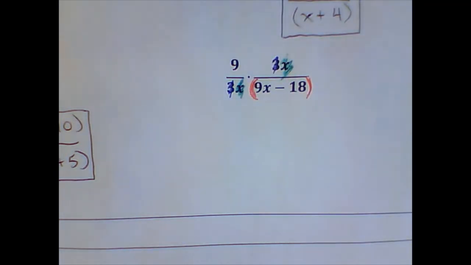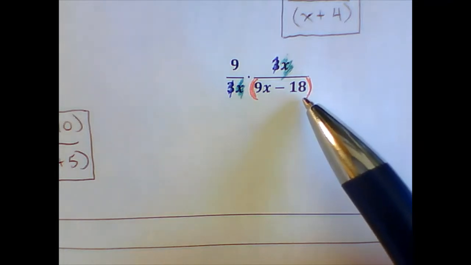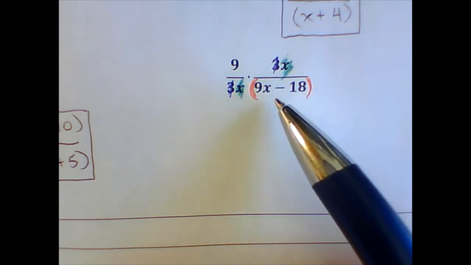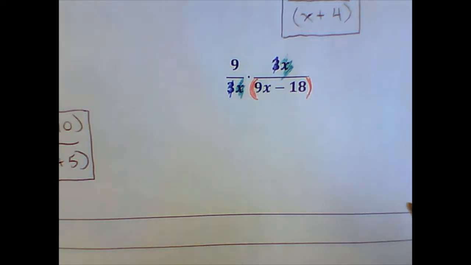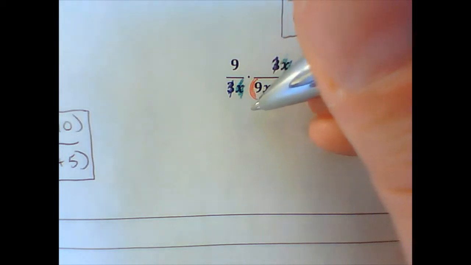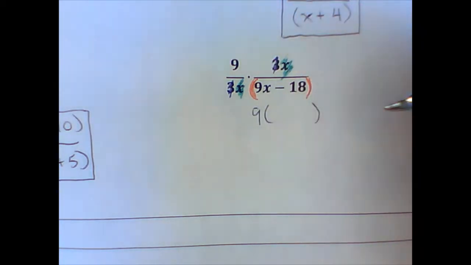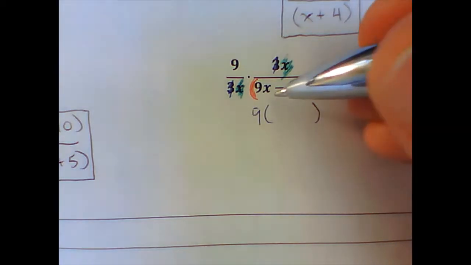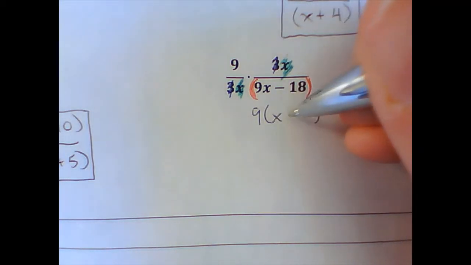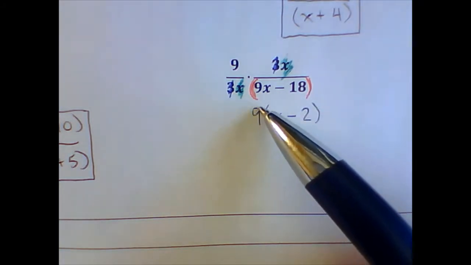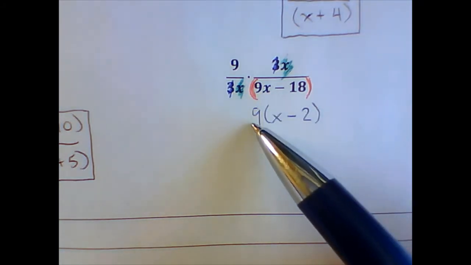So we've still got a 9 on top, but this group here, there's no x squared, but if you do look at it, maybe there's a common factor, a greatest common factor we could pull out of that. Maybe we could pull a 9 out of that group and reduce the group, kind of undistribute it. 9 times x would be 9x. 9 times the negative 2 would be a negative 18.